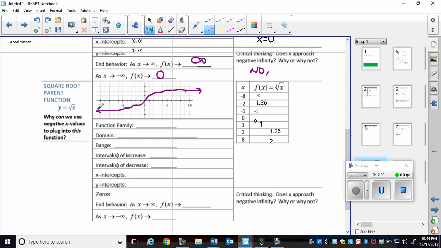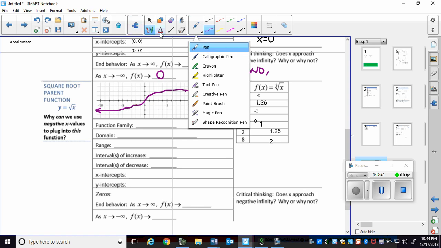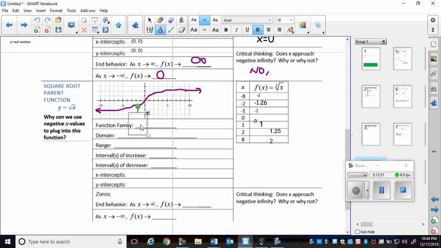The great thing about the cube root function is it looks a lot like its inverse. So this function family is our cube root. The domain is going to be from -infinity all the way over to positive infinity. So I'm just going to draw those symbols.